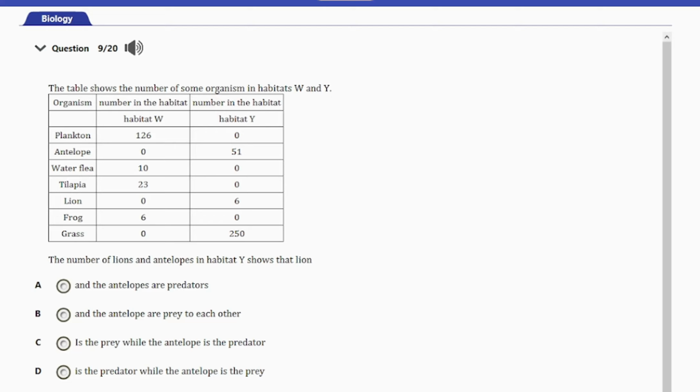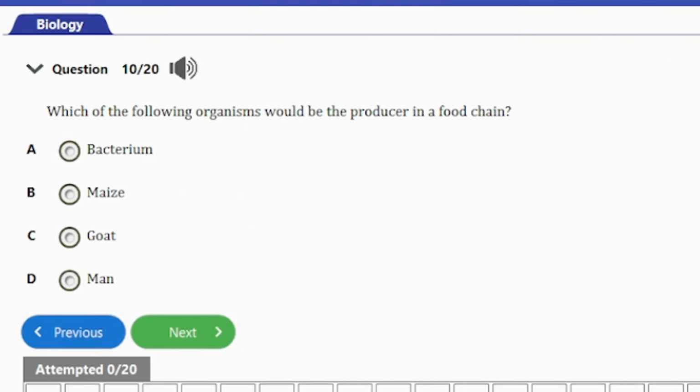From habitat Y, we have just 6 lions against 51 antelopes. So this shows that the lions should feed on the greater number of antelopes. That's it for this question, and we'll go ahead and check out the next question.